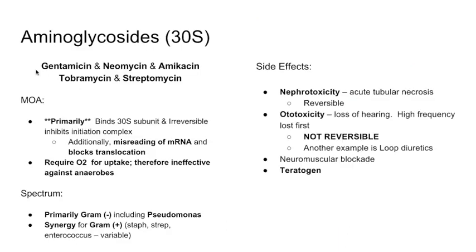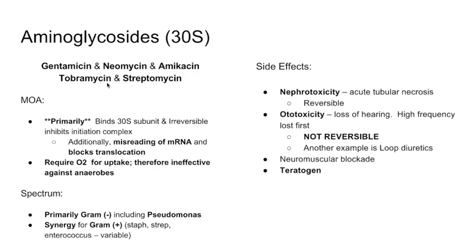So let's talk in detail about these medications, what they're used for, and their side effects. The first class of medications is the aminoglycosides. These block the 30S subunit. Names for these medications can be a little bit challenging because they can mimic other medications, but it's gentamicin, neomycin, tobramycin, streptomycin.